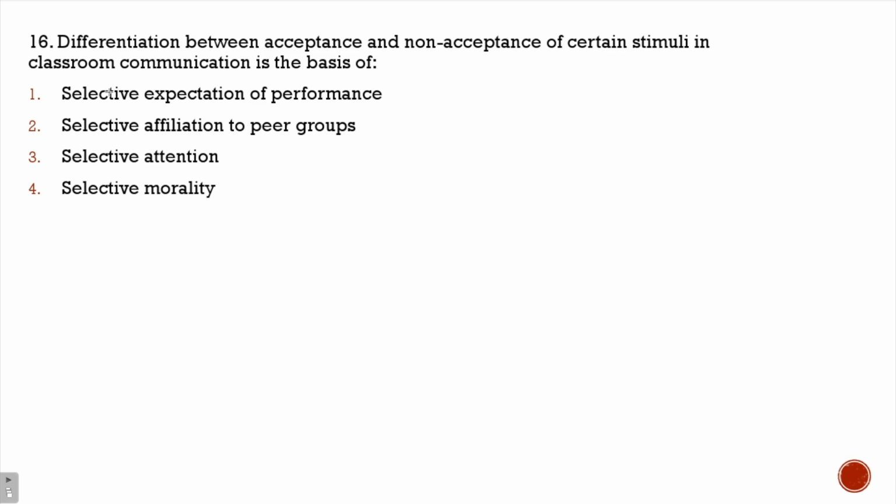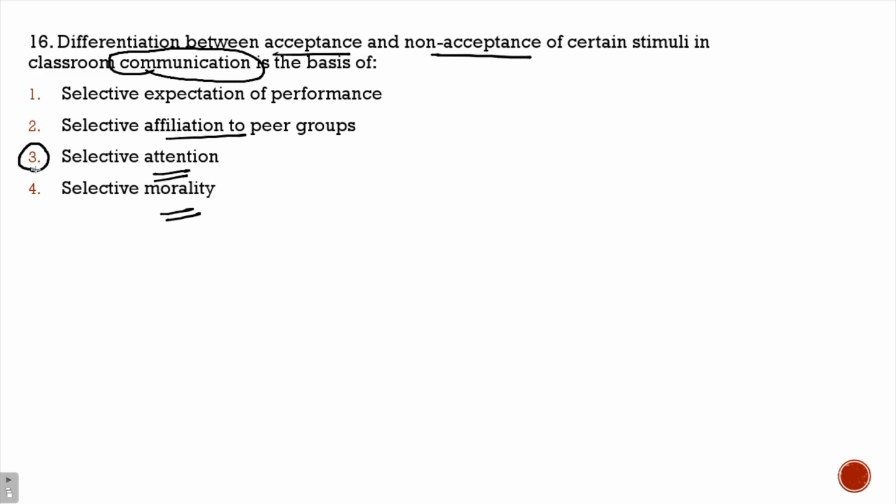Question 16. Differentiation between acceptance and non-acceptance of certain stimuli in classroom communication is the basis of what? The options are selective expectation of performance, selective affiliation to peer groups, attention, and morality. We are talking about communication. So, acceptance and non-acceptance of communication is effective only whenever there is minimal noise in the communication process.